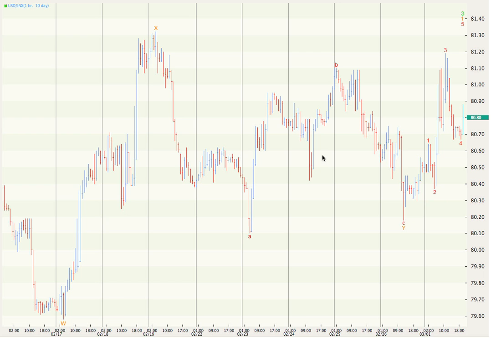Another problem with this structure is, again, a very clear, strong 3-wave look. However, like I said yesterday, I'm counting this as an A, B, C, and it should be a zigzag because B is not retracing at least 90% of A, which is a requirement if it was to be considered a flat correction.